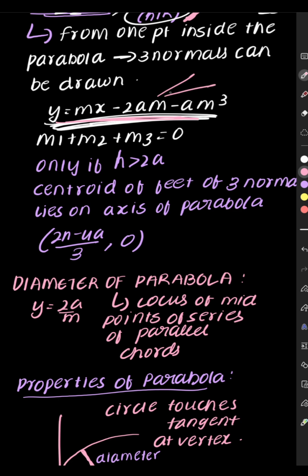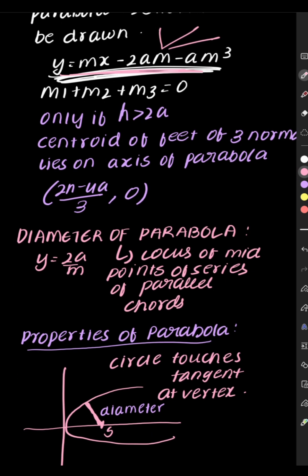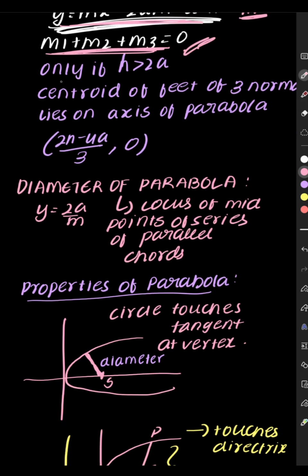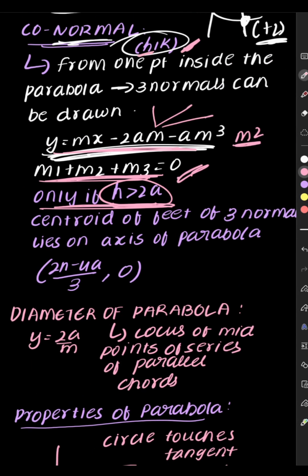Solve it to get 3 solutions. But if you notice here, there's no term of m square, which means the sum of all 3 slopes is going to be 0. And this whole thing is only valid, like you can draw 3 normals only if h is greater than 2a, h being the x coordinate.